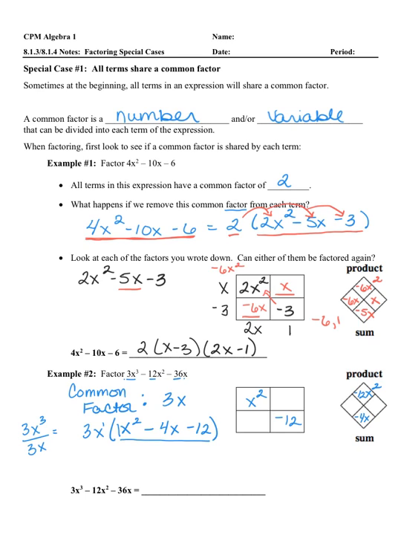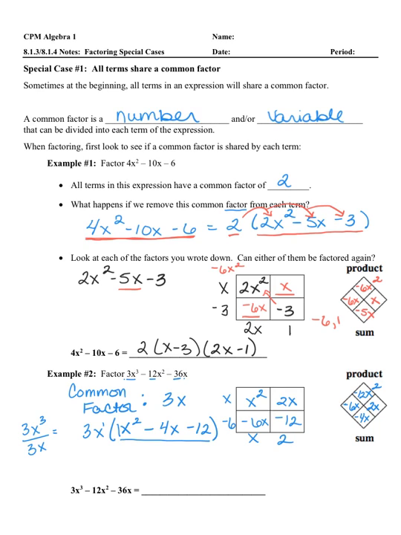The two terms that will work to give us that product and that sum are -6x and +2x. And so the dimensions of my rectangle are x minus 6 and x plus 2.